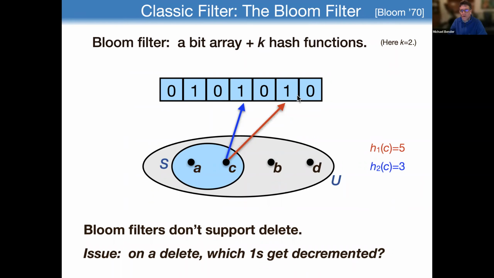Can we turn these back to 0s or no? Well, remember when we first inserted c, there was a collision somewhere. And so one of these has to stay a 1, but we've forgotten why, because we no longer have the elements. We just have this bit array. So the Bloom filter does not support deletes, and that's often a problem.